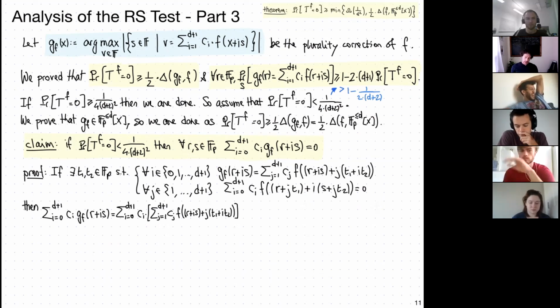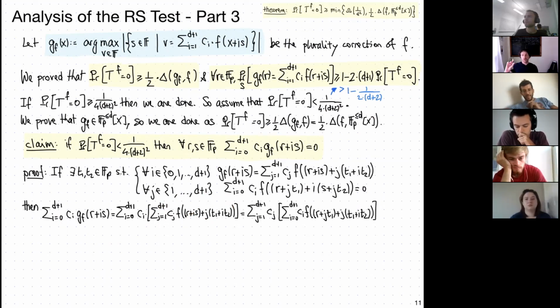I take this expression as is, I'm taking GF here, and I'm writing the correction at that point. And then, exactly as in the last step, we're walking on the parallelogram, just switching the order in which we sum over J and I, and we end up at the other point. But now what we have is a condition which we know is equal to 0.